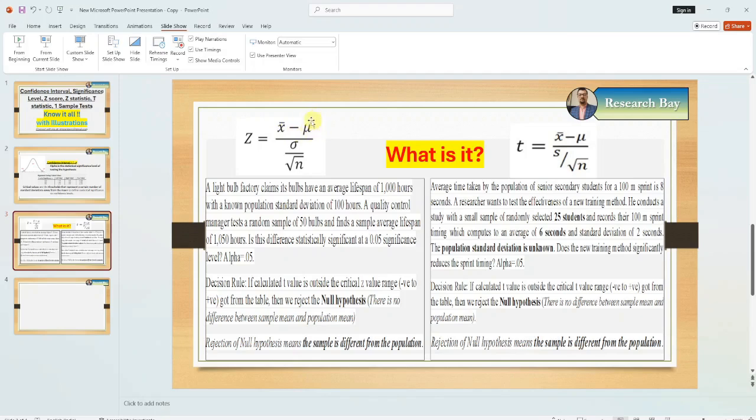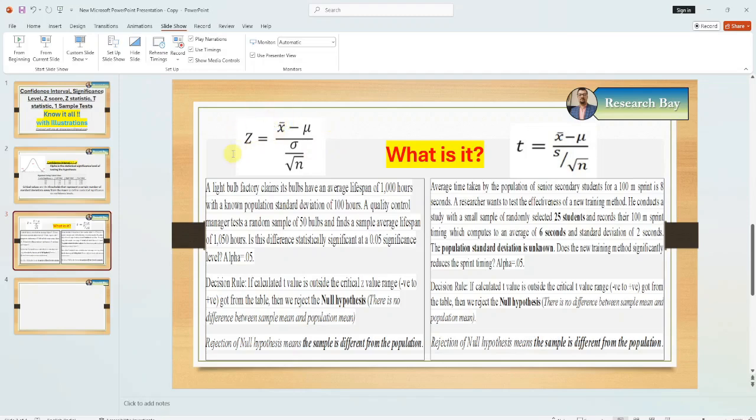Whatever mean you have got, that is known as the sample mean, divided by the standard deviation of the sample, and there's no need for dividing by the square root of the sample size, because we are considering just one score. So we are standardizing that reading of 120. That is known as a z-score.